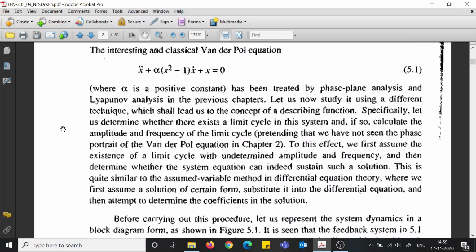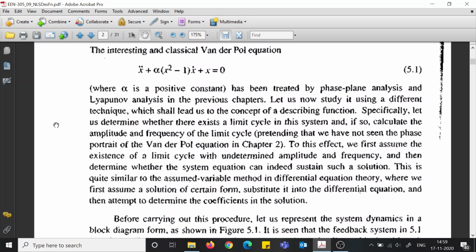I think you already understand that the limit cycle indicates that there is a periodic output due to some input appearing in the system, or the system response is such that it has some periodic output.